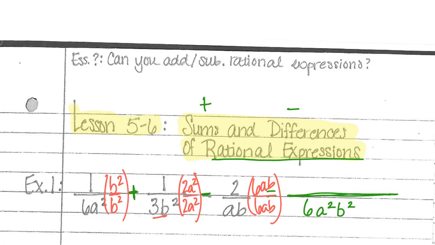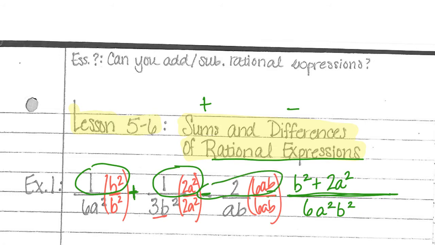So on the top, 1 times b squared is b squared, plus 1 times 2a squared is 2a squared, and a negative 2 times 6 is negative 12ab. And that is our answer. So I'm going to go ahead and circle that, and we'll move on to the next question.